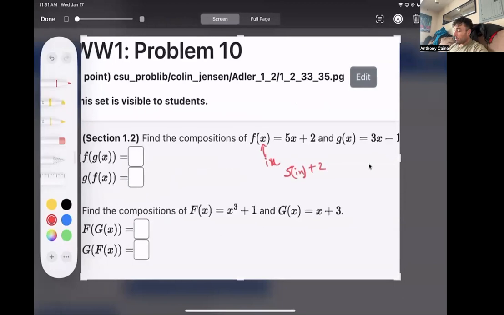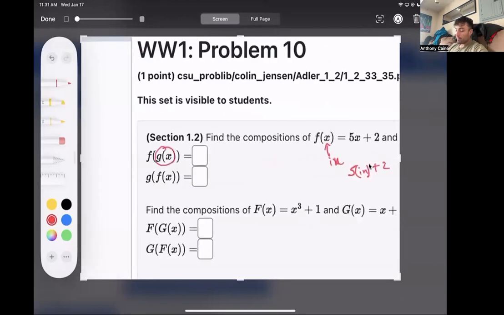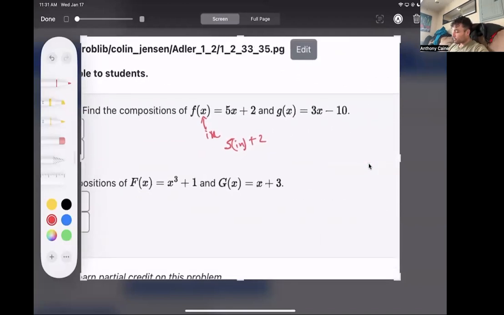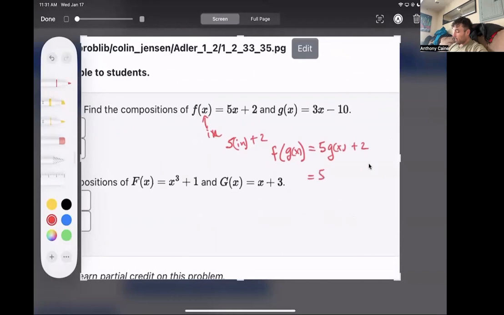So let's input the entire function g of x into f. What is f of g of x? Well, f will take what you input, which is g of x, multiply it by 5, and then add 2. So I'm going to take 5, and g of x is 3x minus 10, and then I add 2. There it is.